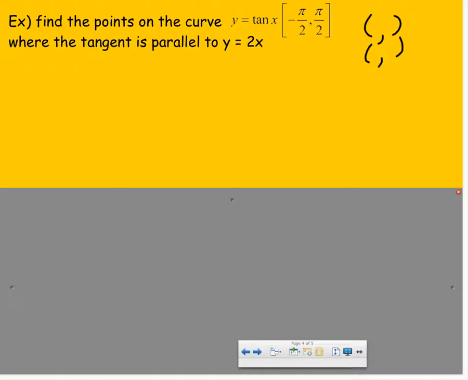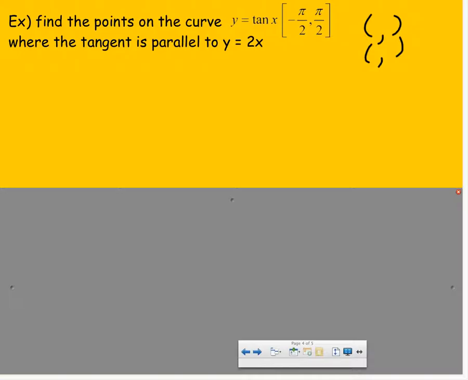Okay. Where the tangent? What does tangent mean? Tangent line is the slope of instantaneous rate of change. So I know tangent means derivative. So I'm going to have to find the derivative. Now I know it doesn't say tangent line, but it doesn't really matter because I'm going to answer in a point anyway. So I know tangent means derivative. Okay, let's keep reading. Is parallel to y equals 2x.